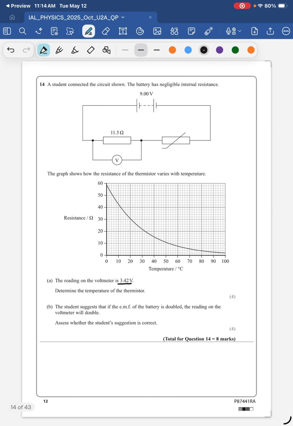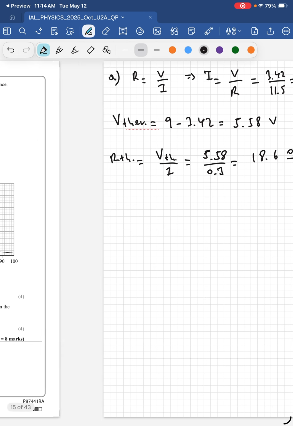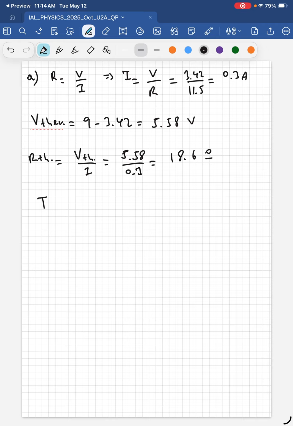And if we go to the graph, we see that 18 is somewhere here. So this is 18. That's about 34, 35 degrees, something like that. So the temperature of the thermistor is about 34 degrees from the graph.